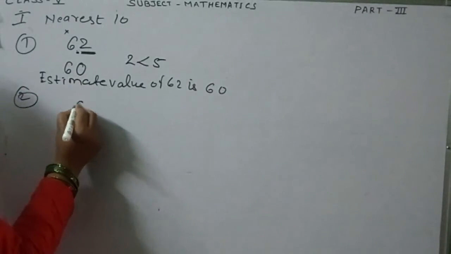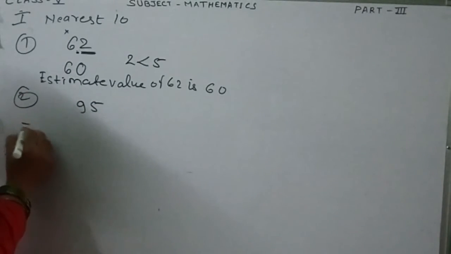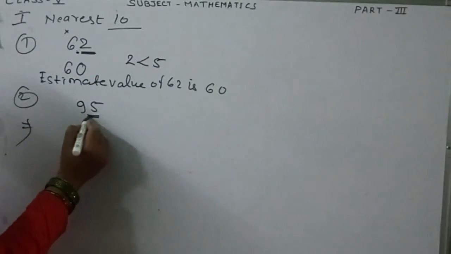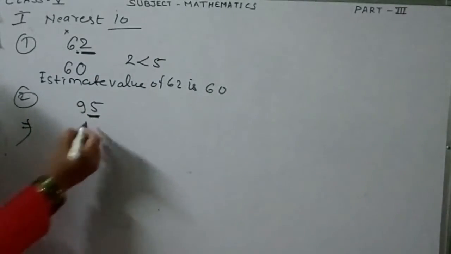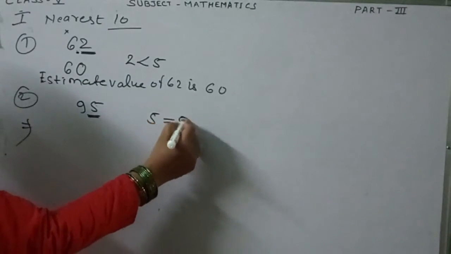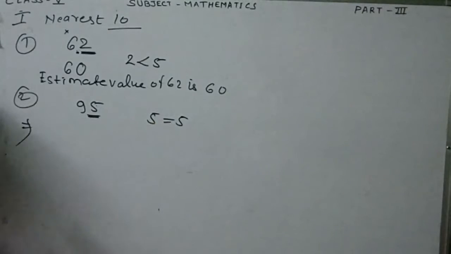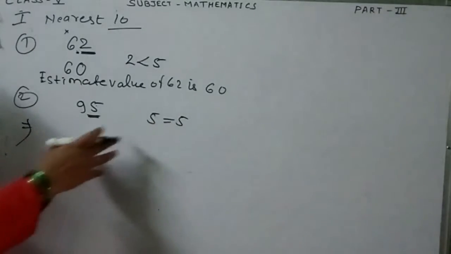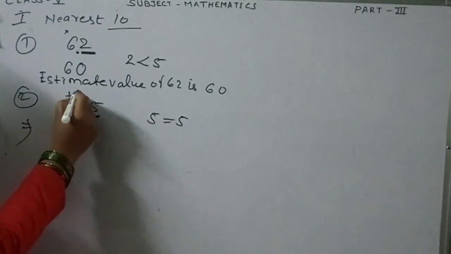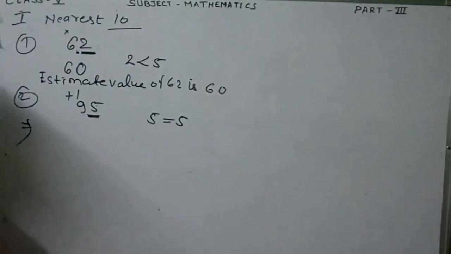The second one: suppose the next number is 95. Here in case of 10, you have to check the ones digit and compare. Here ones is 5. 5 is equal to 5. And what I told, if any number is equal to 5 or greater than 5, then you have to add 1 to the next digit.